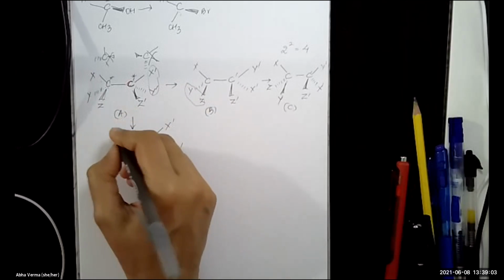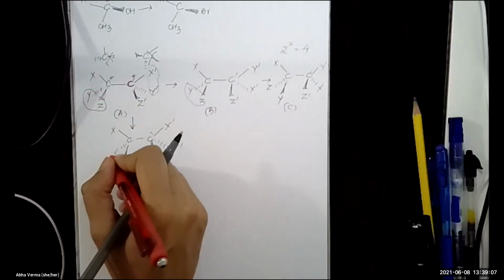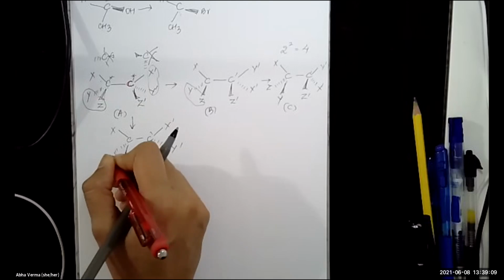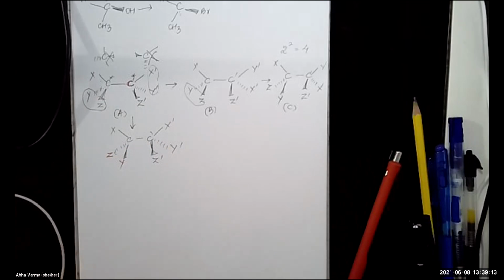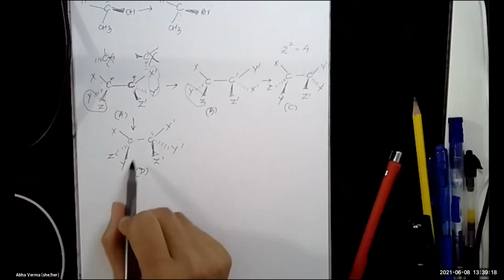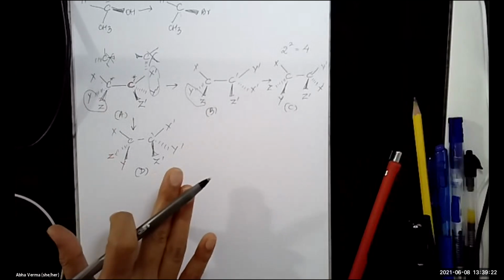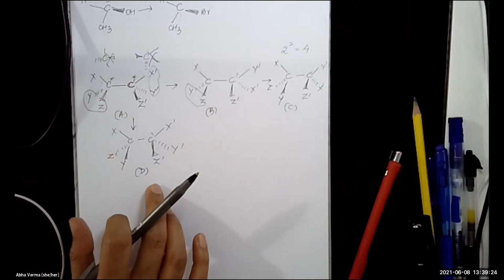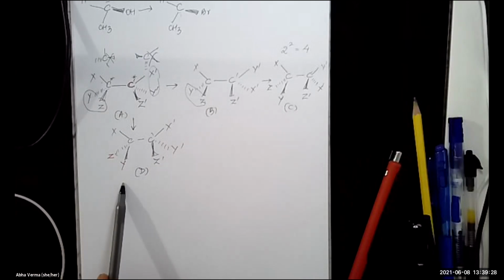Keeping my X where it was, I'm going to switch these two, Y and Z. And you can switch any. You can switch any, and we will see that it comes to all of these structures. And I'll tell you how these A, B, C, D are related to one another. But remember, only one switch per carbon.